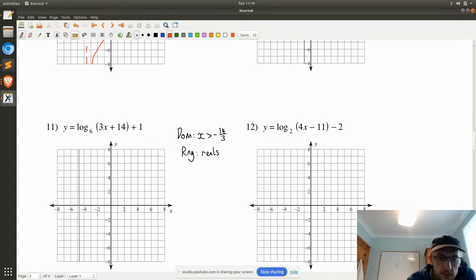Okay, now to do the absurd points, the crazy points. 0.03.